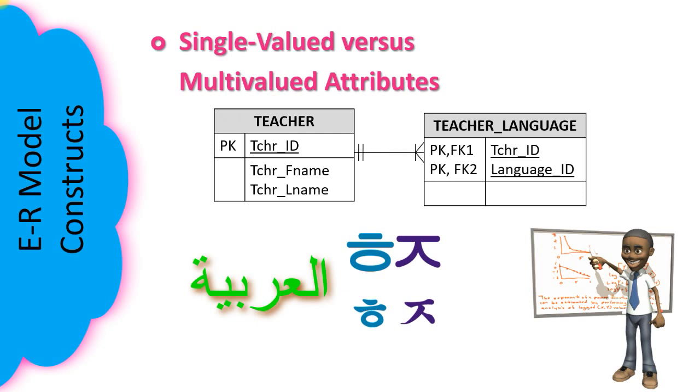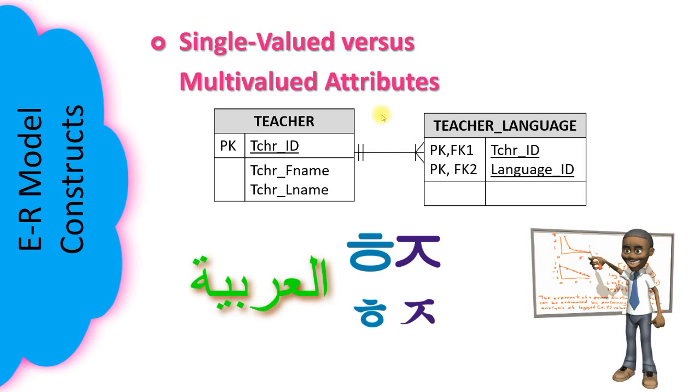Whenever we have multi-valued attributes such as language, or previously I used another example, hobby, or perhaps another one, academic qualification. Academic qualification is also an example of a multi-valued attribute. For example, Ali as a teacher may have more than one academic qualification.